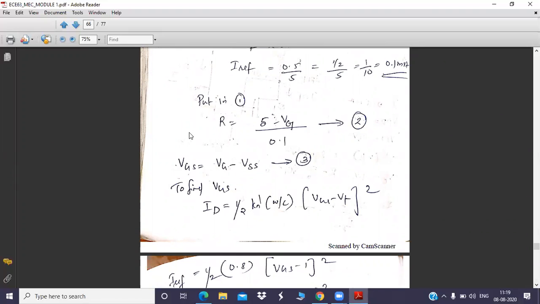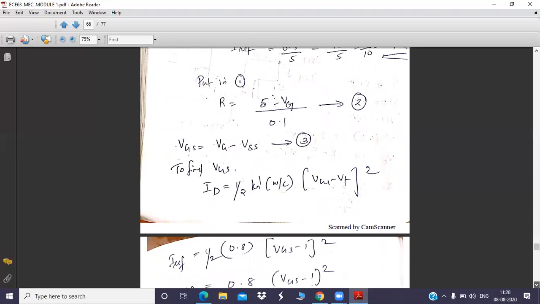That is equation number 3. To find VG, you have to add VGS along with VSS. This can be found only if you know VGS. So how are we going to find VGS?